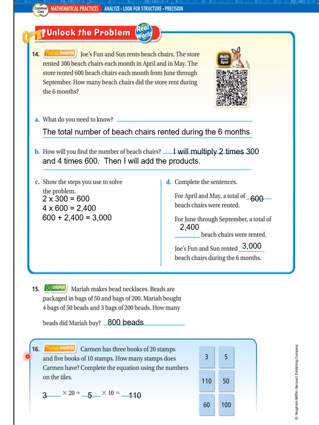So, she had 3 books of 20 plus 5 books of 10. So 3 times 20 equals what? 60. 5 times 10 is what? 50. So 60 plus 50 equals 110.